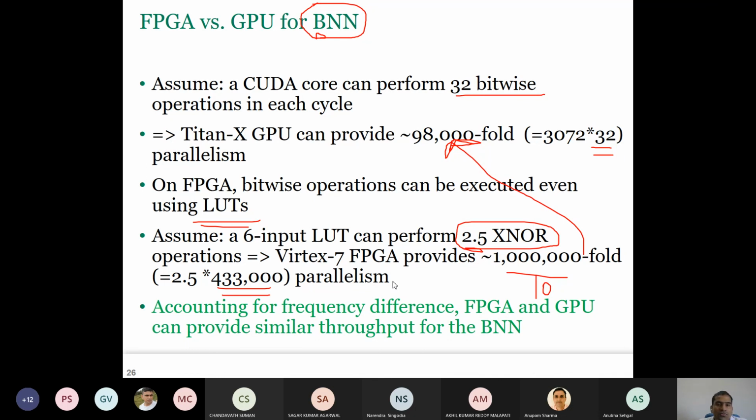So that's why it has the benefit that now for the binarized neural network, at least for this example that we have shown, FPGA can provide you much better performance, and that performance could be comparable with the GPU performance.